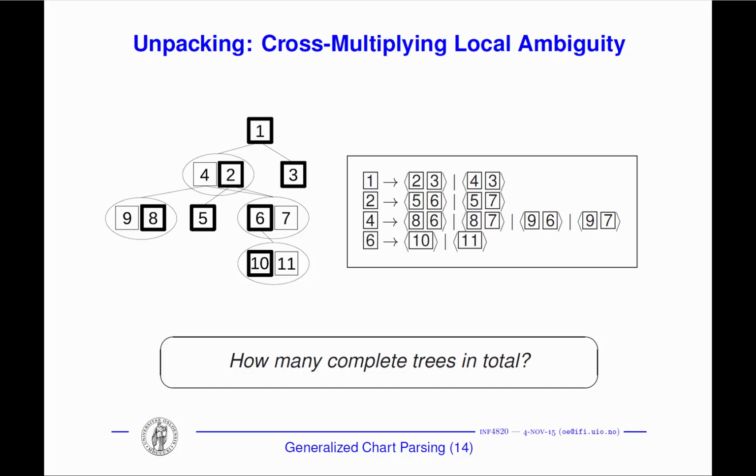And here I've now spelled out that this means that edge number 1 actually stands for 2 different daughter sequences, namely either 4 or 2 followed by 3. So the first daughter, the left daughter of 1 is packed.